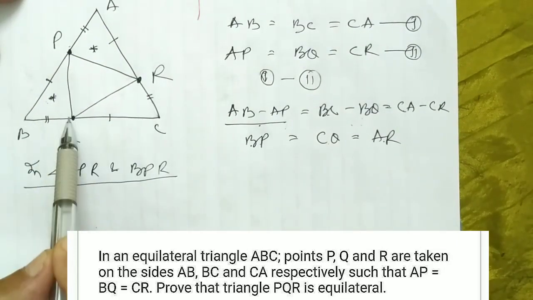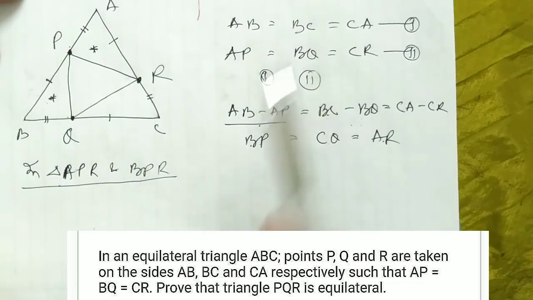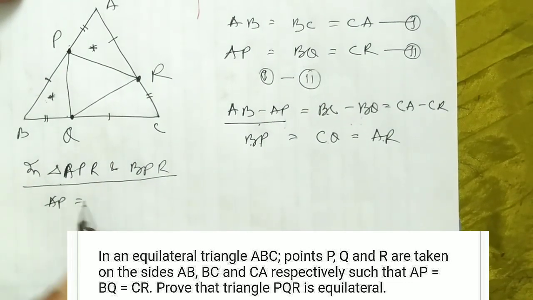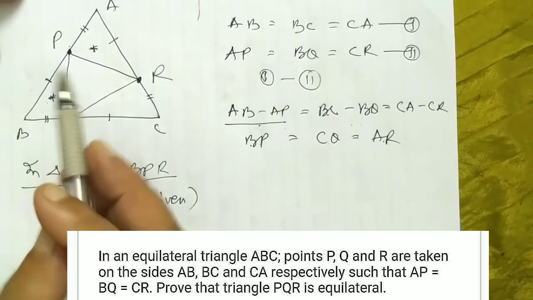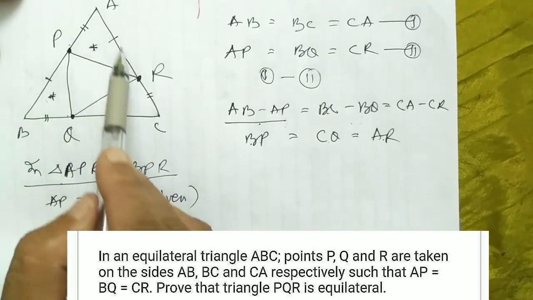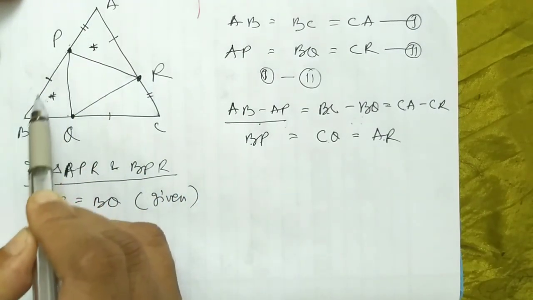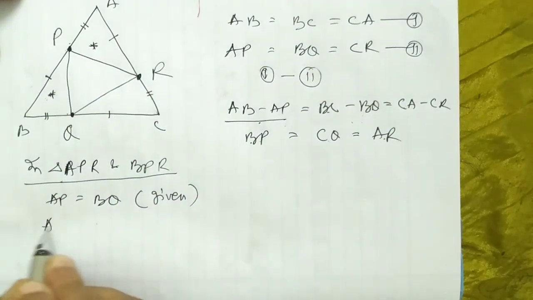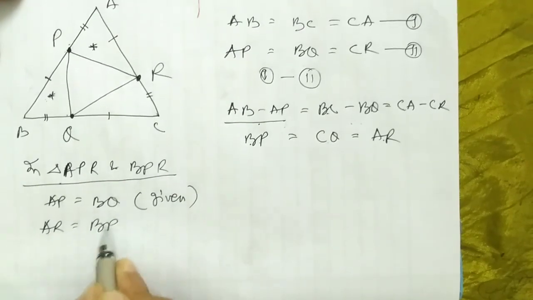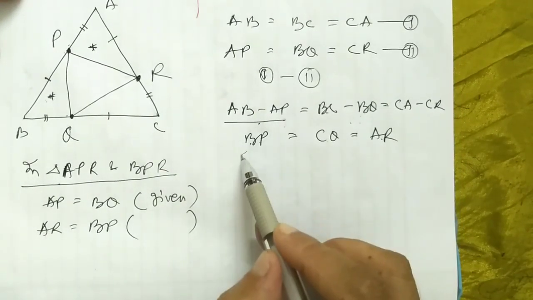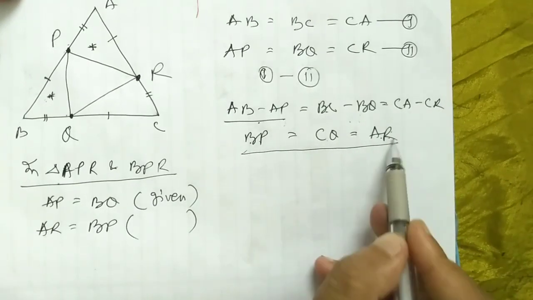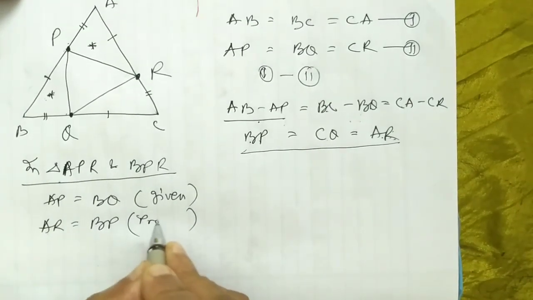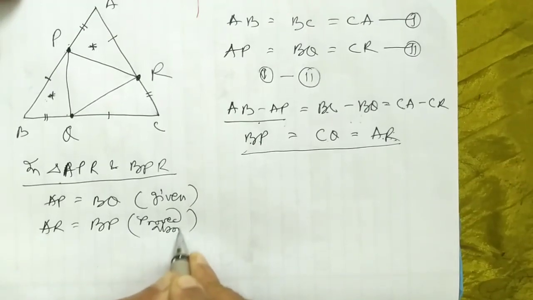AP equal to BQ, that is given in the question. Fine. And AR equal to BP. We proved it above.